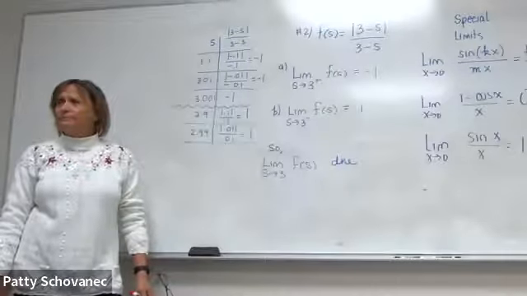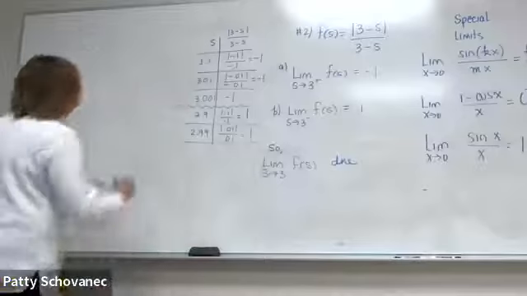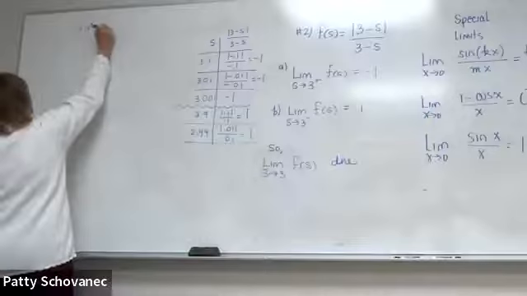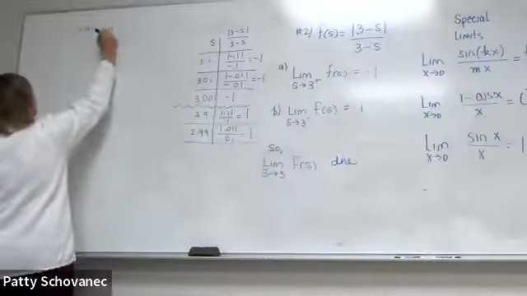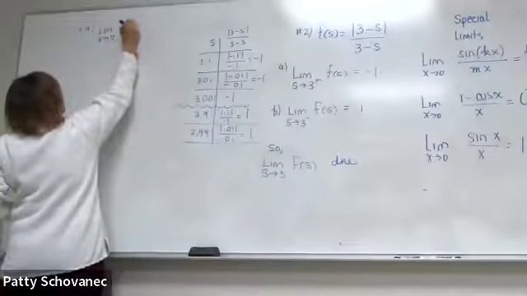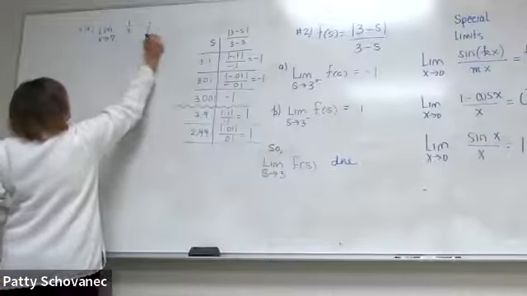What else? Yes, sir. Number 14, it's the limit as x goes to 7 of (1 over x minus 1/7) all over x minus 7.